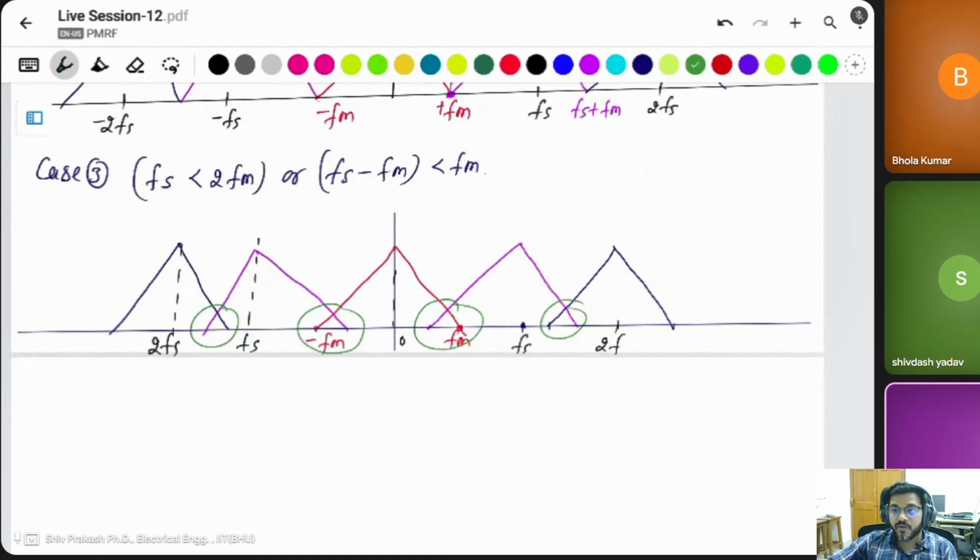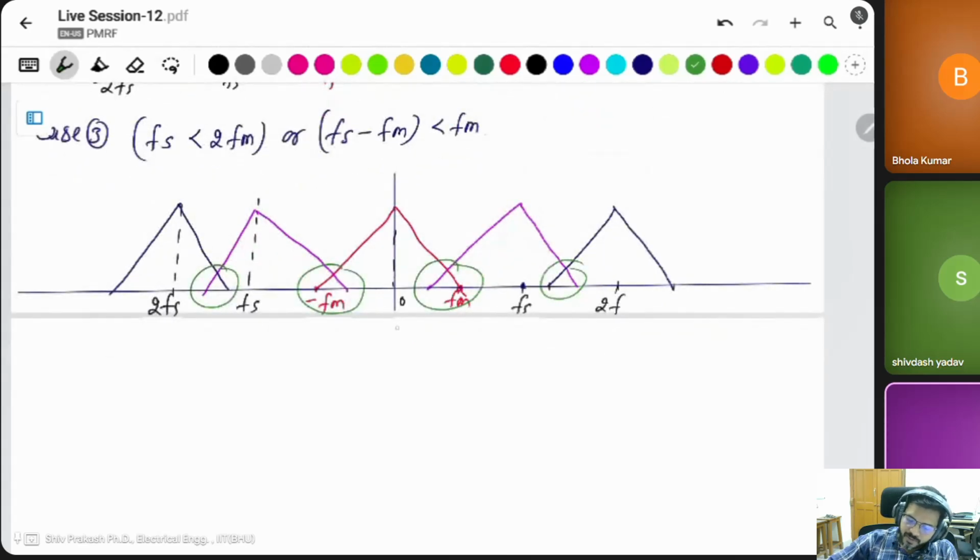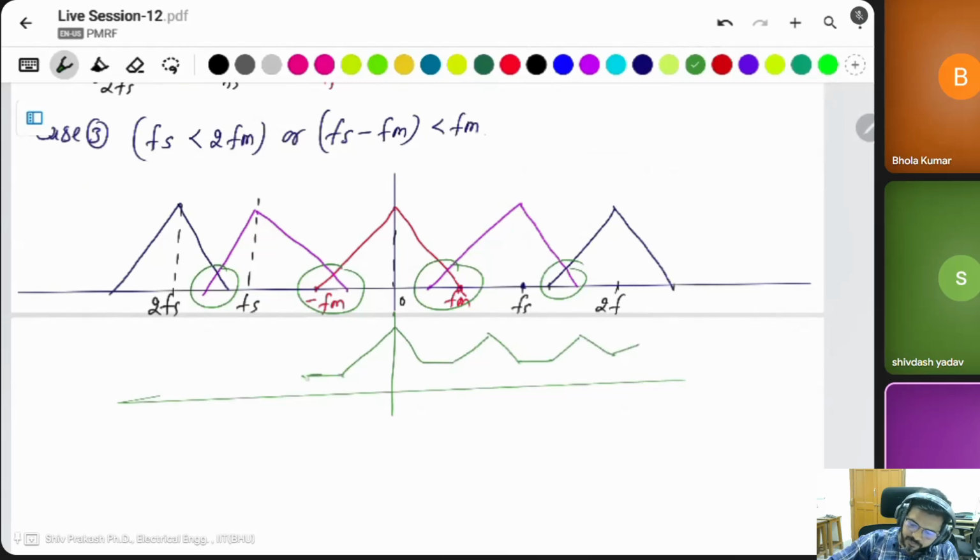We will not get the original signal at the output side because some of the signal will be eliminated, canceled out. It means this signal looks like this, like that.